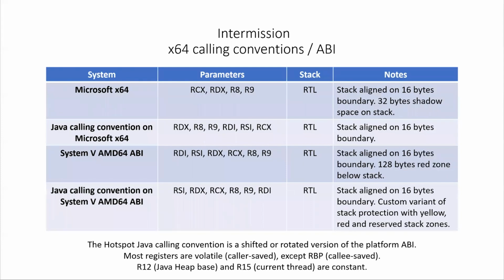But before we go into the details, it might be good to say some words about the x64 calling convention, or the application binary interface, as well as the HotSpot Java calling convention and how they are related. The Windows Platform ABI passes the first 4 arguments in registers in the order listed, and the rest is passed on the stack in the order of right to left, or RTL.